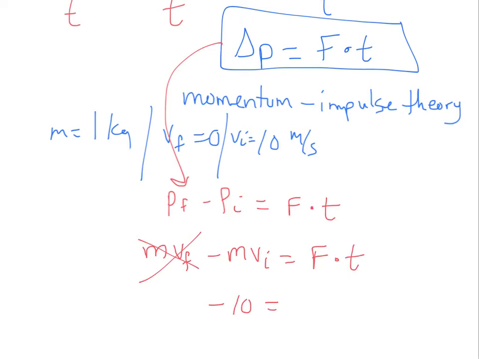Now, ignore the negative for a minute, I'll explain that. If this is always negative 10, and let's say I go to catch it real quick, and I catch it within a time period of 1 second, what would the force be? What would the number be that has to go there? Oh yeah, negative 10, but yeah, 10. Okay, that's the force I would feel on my hand.